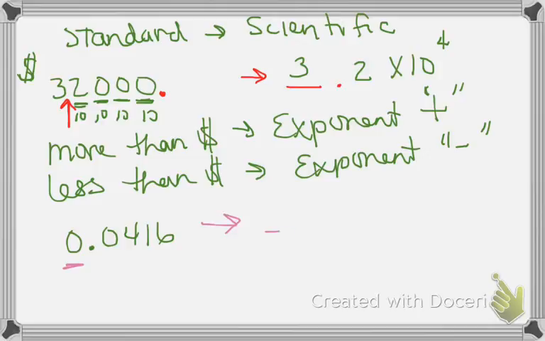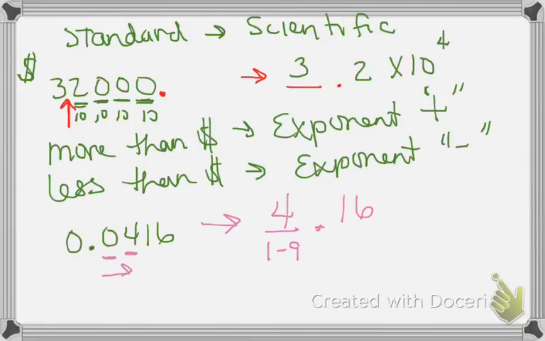We want one number in front of the decimal, and that number has to be between 1 and 9. We go this way, and the first number is a 4. So that 4 will go there. Then we're going to say 1, 6. Remember, all these are counting by 10, so there's one. We don't count this one, so I want to erase it so you don't count that one.